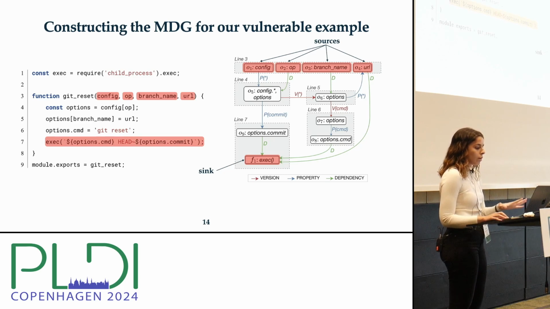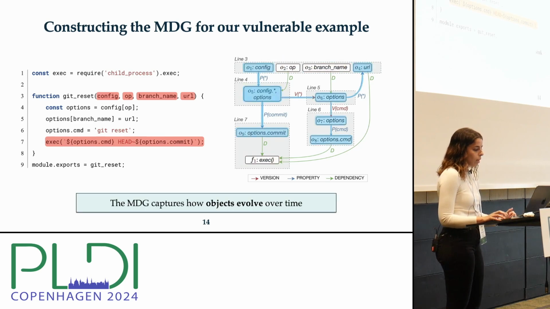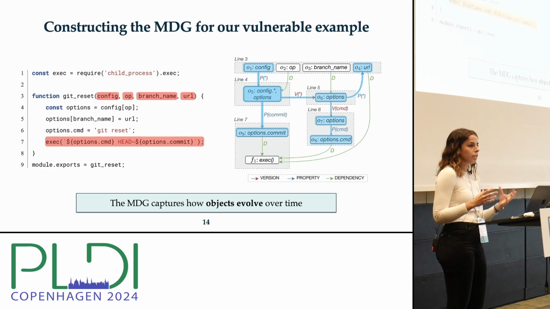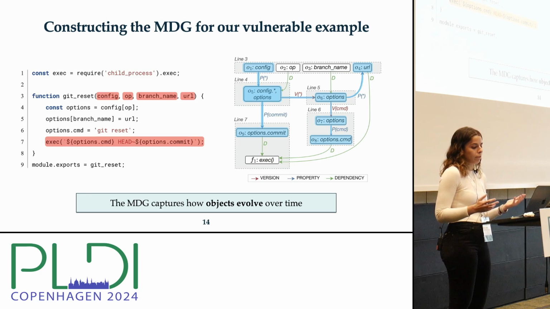So by looking here at this single graph, we can already identify the pattern. So options.commit is a property of the options object, which is a property of the config object, which is controllable by an attacker. And essentially, the main insight of our multiversion dependency graphs is that they capture how the objects evolve over time as its properties are looked up and updated.